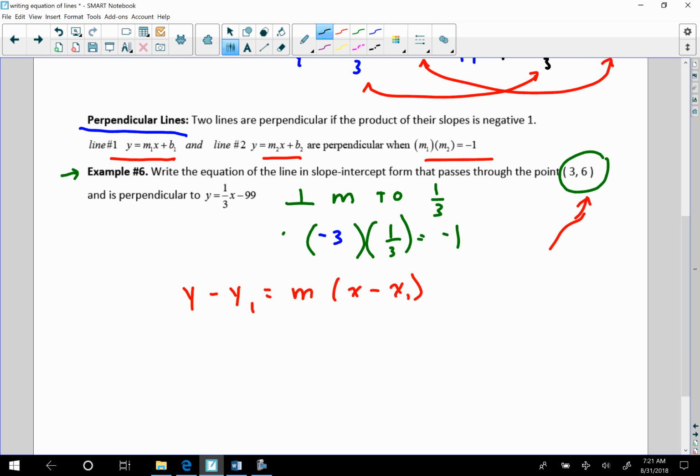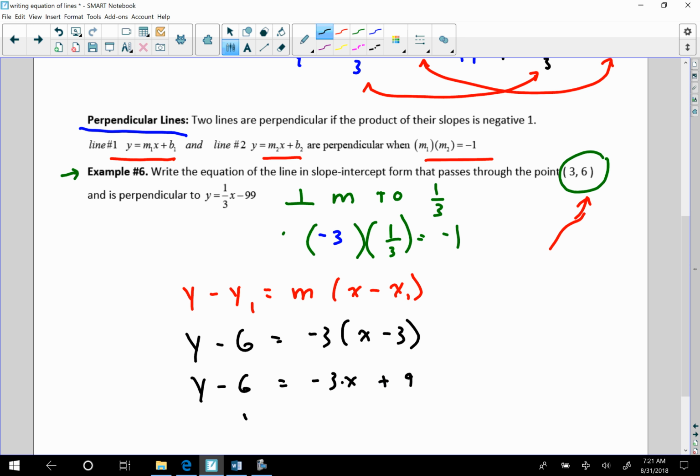So let's do that. Y minus 6 is equal to -3 times x minus 3. I have my point 3, 6. I have my perpendicular slope of -3. I'm going to solve for y. -3x. -3 times -3 is plus 9.